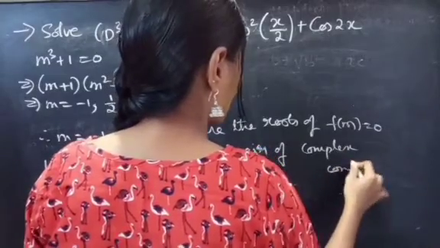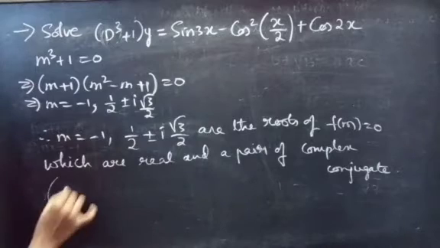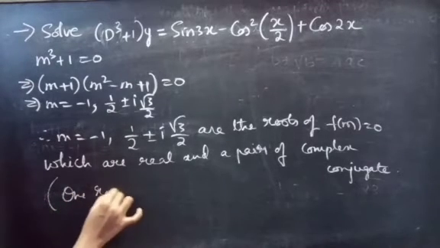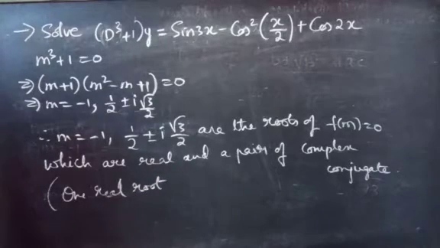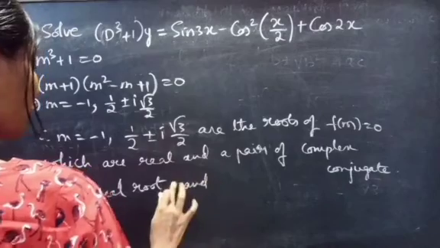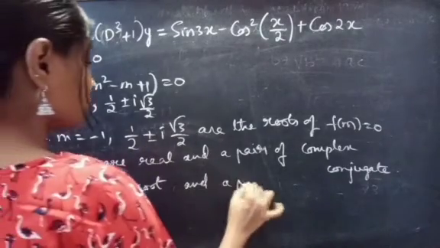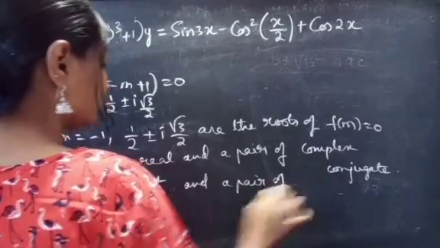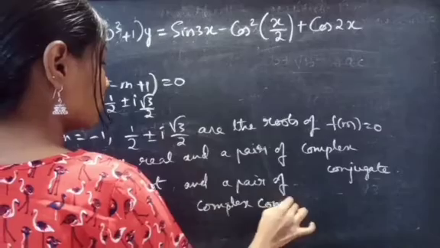Complex conjugate, right? Which means one real root, or real and distinct, and a pair of complex conjugate.